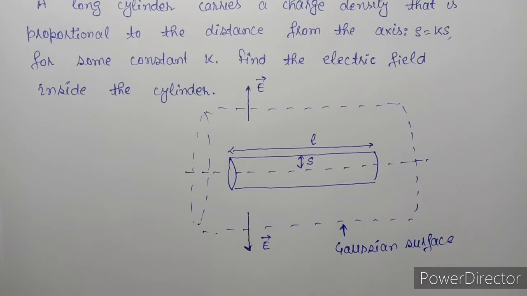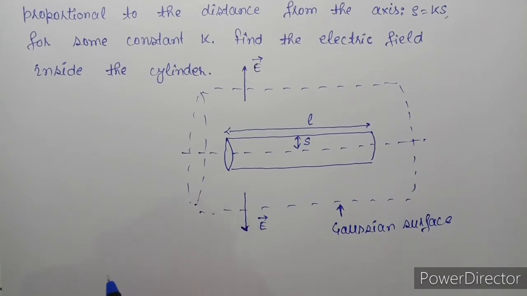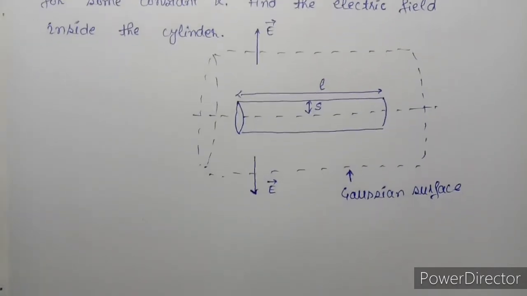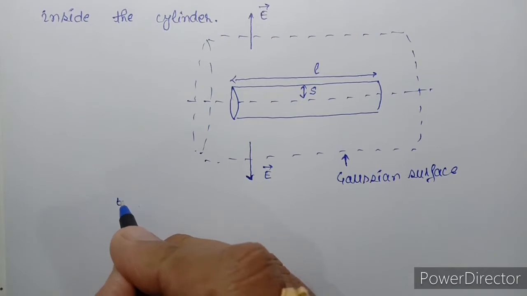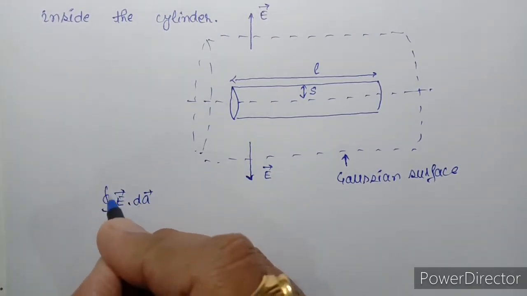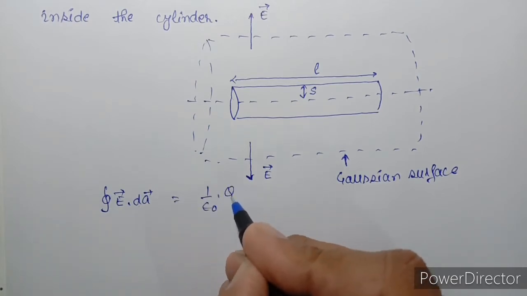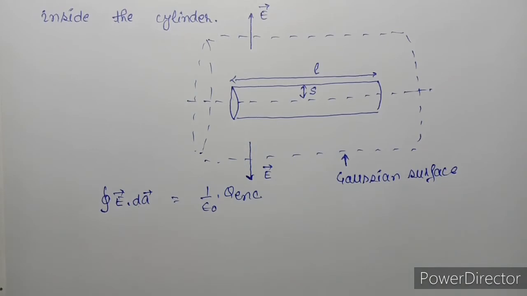Okay, so according to Gauss's law, the closed surface integral of E dot dA is equal to 1 over epsilon naught times the total charge enclosed.